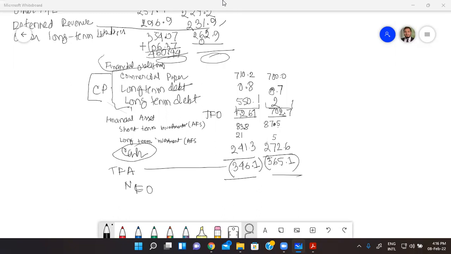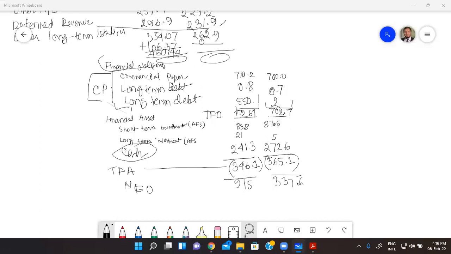What will be the amount here? 914.9, we can write 915, and for 2006 it is 300 something. Yeah, 337.6. Okay. Because of rounding, some errors will happen.